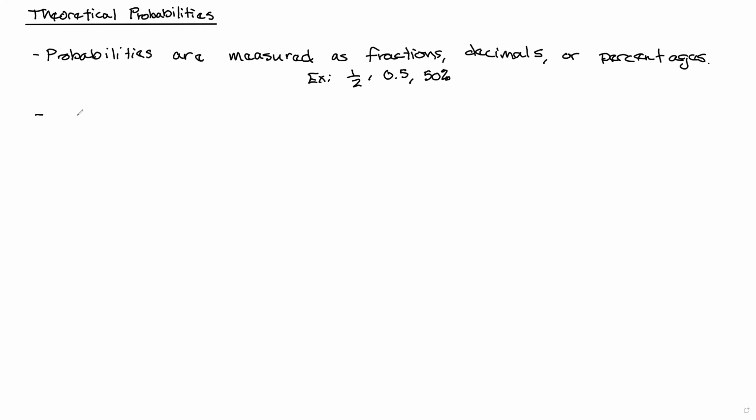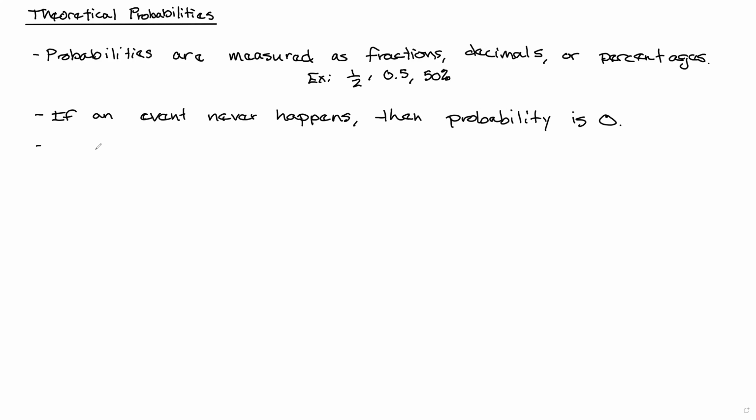If an event never happens, then the probability is 0. If an event always happens, then the probability is 1. Okay, so probabilities are between 0 and 1.